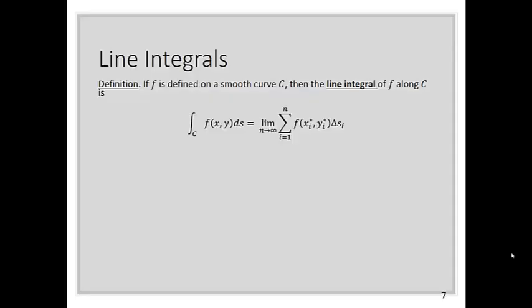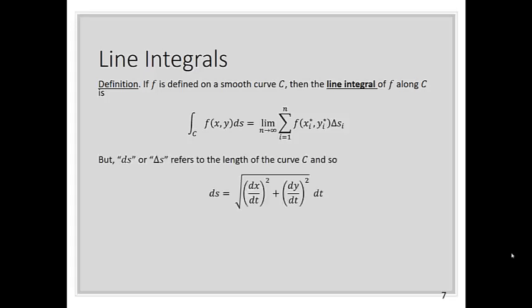So here's our formal definition. If f is defined on a smooth curve C, then the line integral of f along C, so we see here the integral over C of f of x y ds, is the limit of the sum of this function f evaluated at our sample point times the length of that sub-arc. And now since this ds or this delta s refers to a length of a curve, then ds will be the square root of (dx/dt) squared plus (dy/dt) squared, dt.